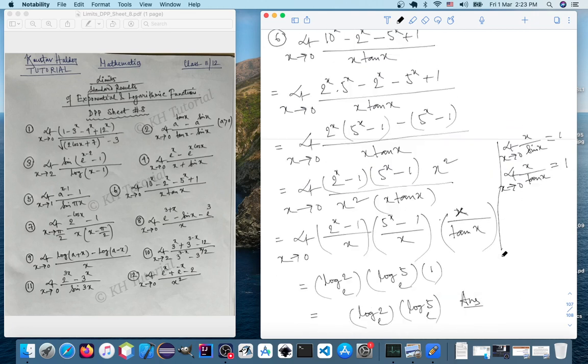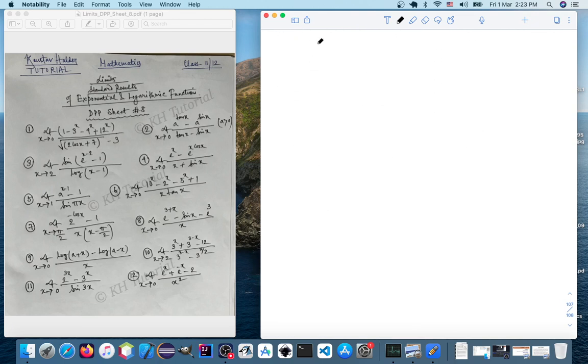Okay. Now, let's see problem number 7. Problem number 7 says limit x tending to pi by 2, (2 to the power minus cos x minus 1) divided by x into (x minus pi by 2). Okay. So minus cos x will be 0 when x tends to pi by 2.